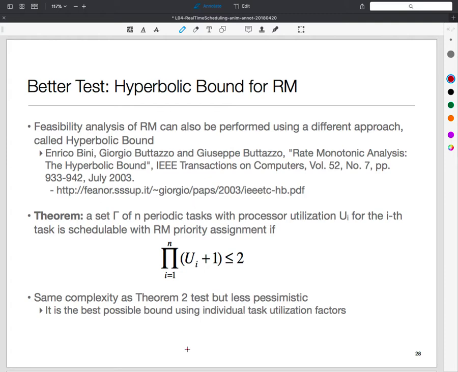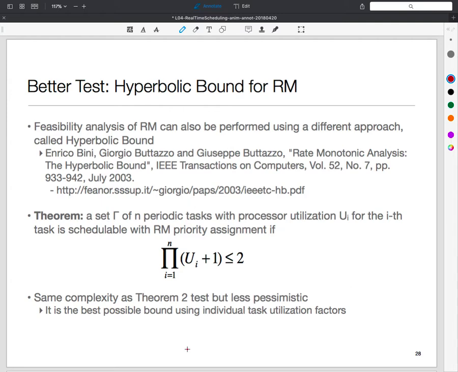But before that, I wanted to present one more better formula. Okay, and it's more recent, as in it appeared a couple of decades after the original formula did. And in this case, they said, instead of just knowing U, what if I rely on individual U sub i? That is, I look at the utilization of each task.